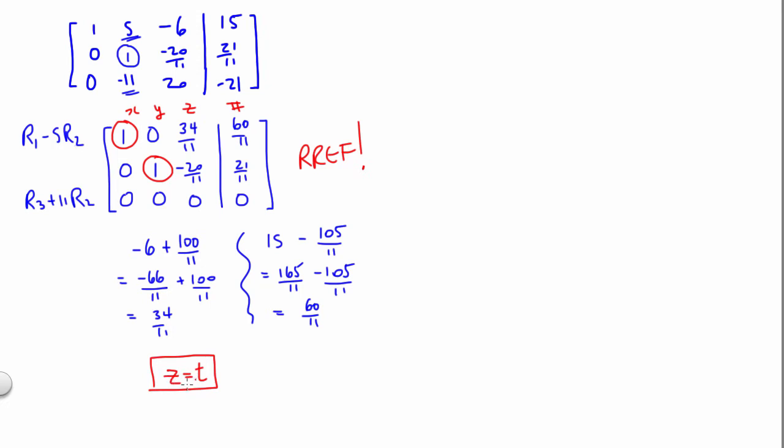And then we can use this parameter here to solve for the values of x and y. So let's take a look at the top equation. That says that x plus 34 over 11 z is equal to 60 over 11. If we solve for x, x is equal to 60 over 11 minus 34 over 11 times z.